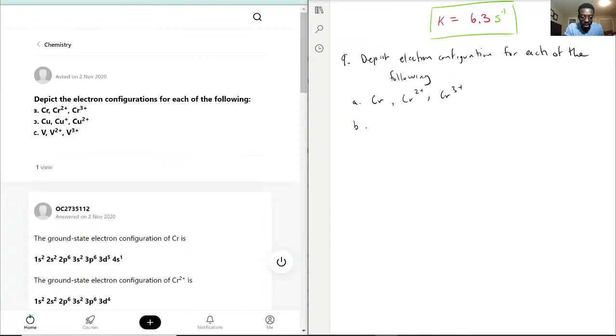B is copper, copper plus, and copper 2 plus. C is vanadium, vanadium 2 plus, and vanadium 3 plus. So those are the ones they want us to do.